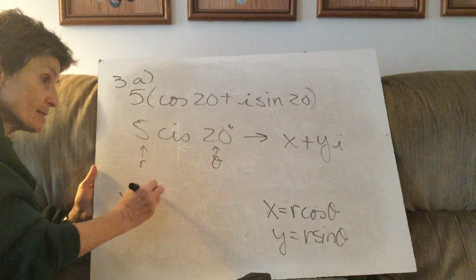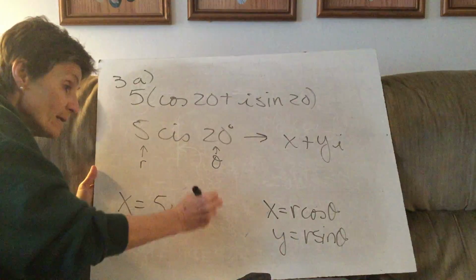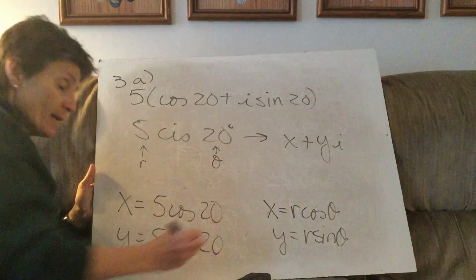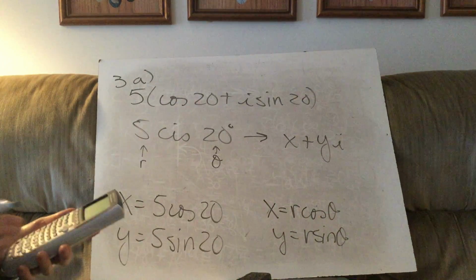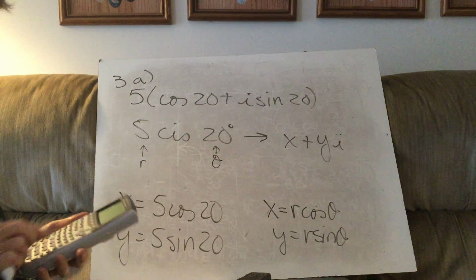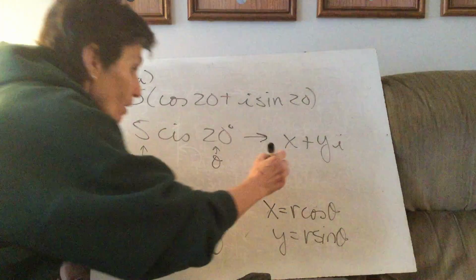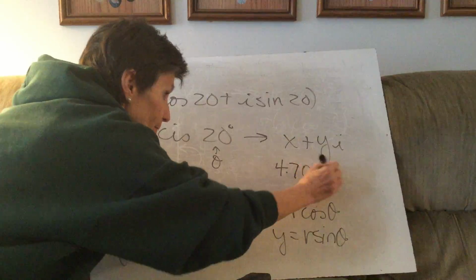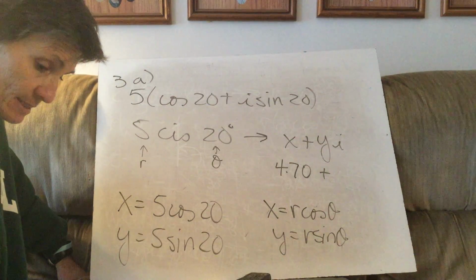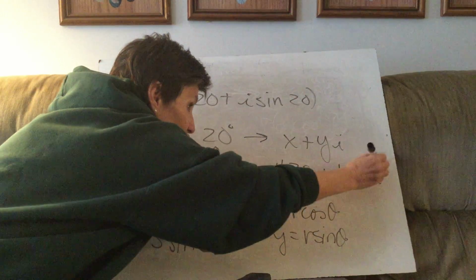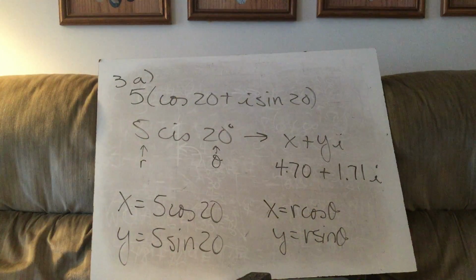So x is simply 5 cosine 20, and y is 5 sine 20. And it is that easy, you guys. 5 cosine 20. So I have to do some rounding. So 4.70 and 5 sine 20, 1.71. Done. That is the answer to problem A. That's all there is to it.